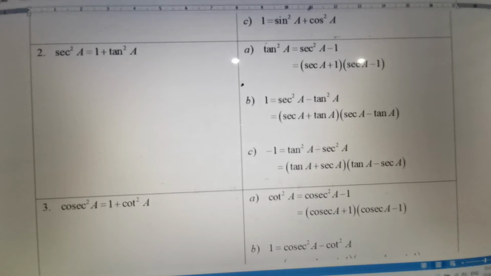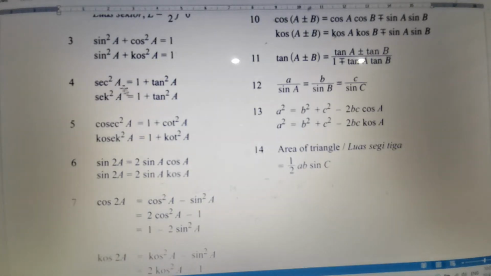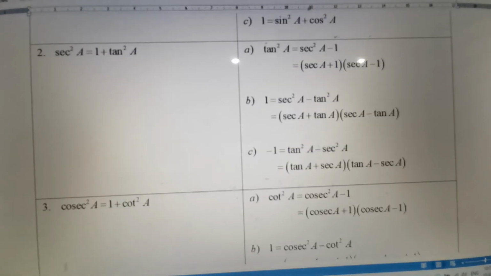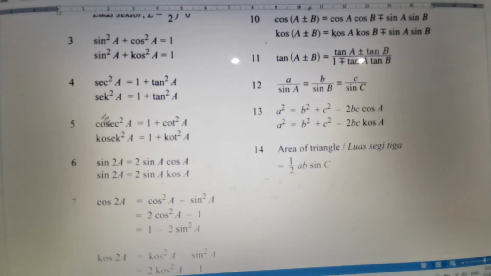Secant squared A is equivalent to 1 plus tangent squared A. If you see in the SPM formula list, can you see it is exactly the same? But all this alteration you can work out on your own. I'm sure you can. And this one, cosecant squared A is equivalent to 1 plus cotangent squared A, also in your formula list. Can you see?